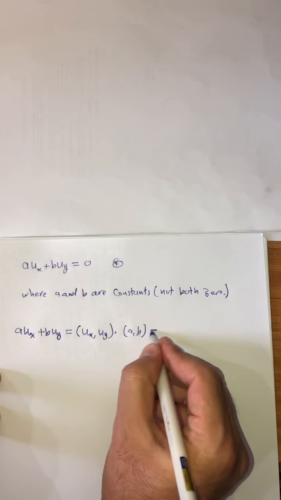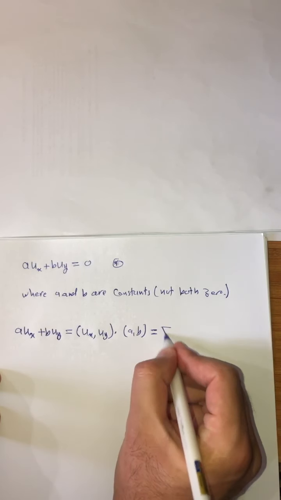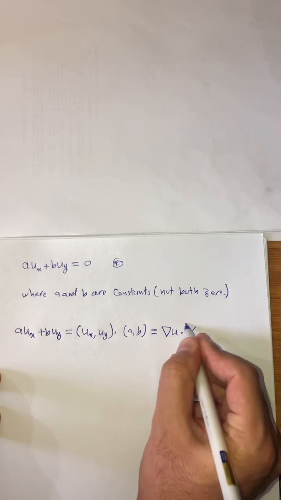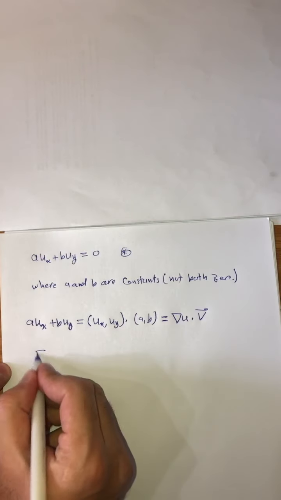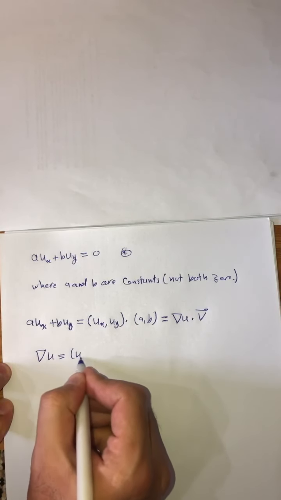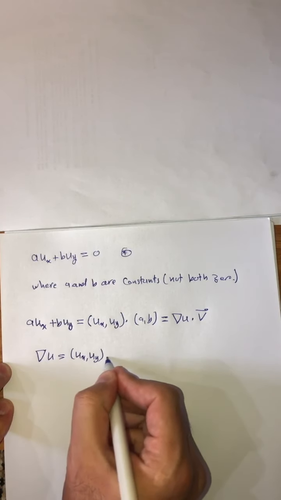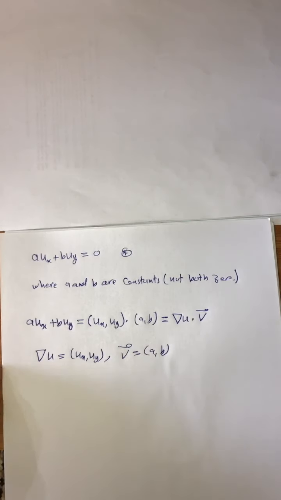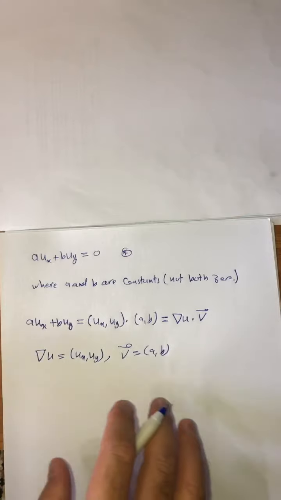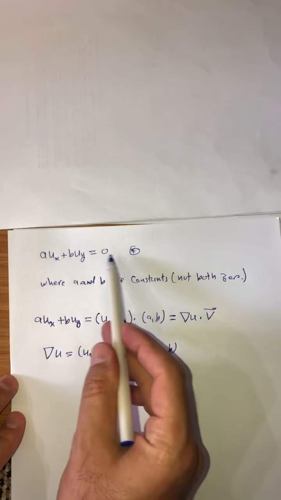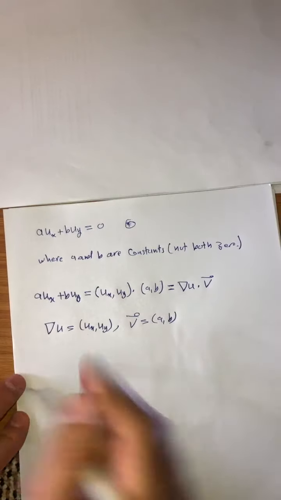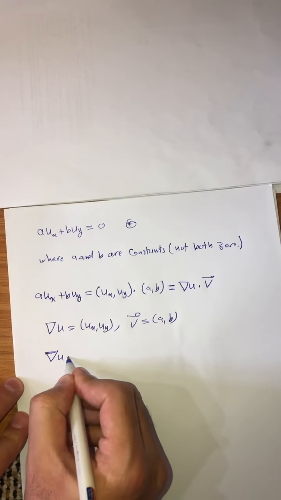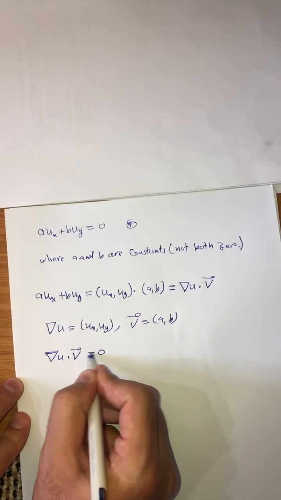Let me rewrite it as the gradient of u dot some vector v, where the gradient of u equals (u sub x, u sub y), and vector v is (a, b). Because the right hand side of equation star is 0, we can say that the gradient of u dot v equals 0.